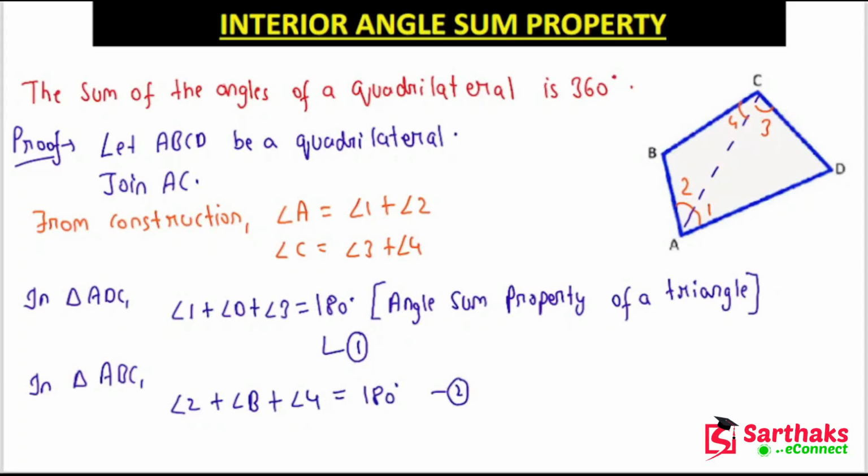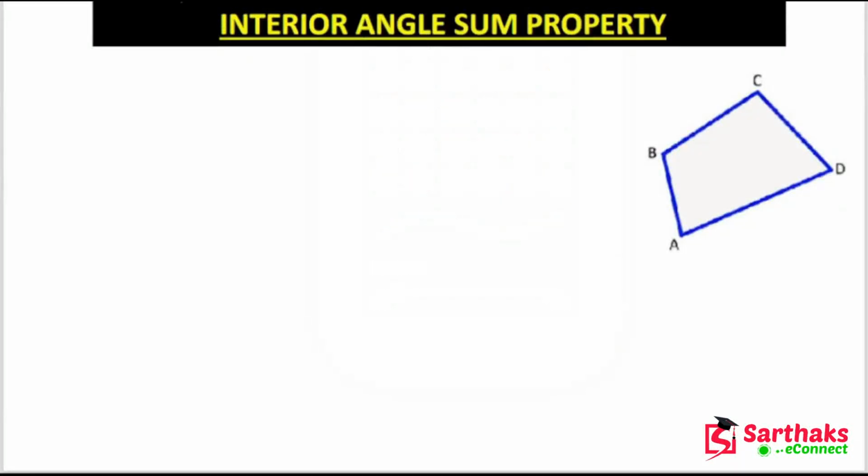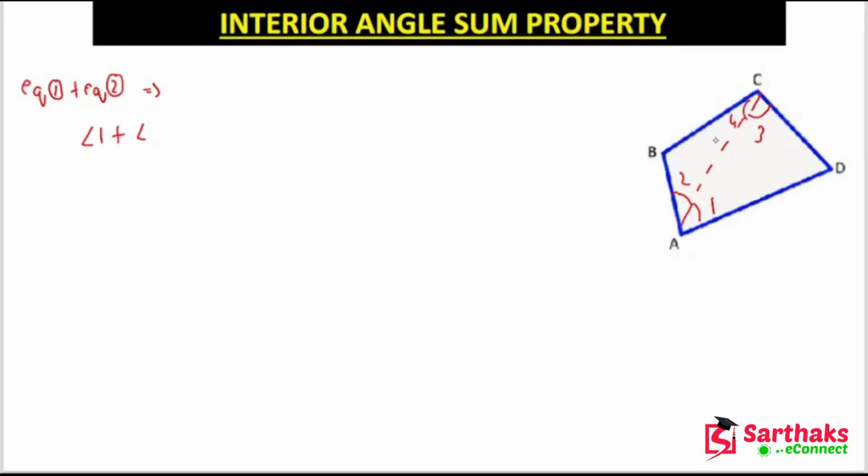Now let me add these equations. Equation 1 plus equation 2 implies that angle 1 plus angle D plus angle 3 plus angle 4 plus angle B plus angle 2 is equal to 180 degrees plus 180 degrees.